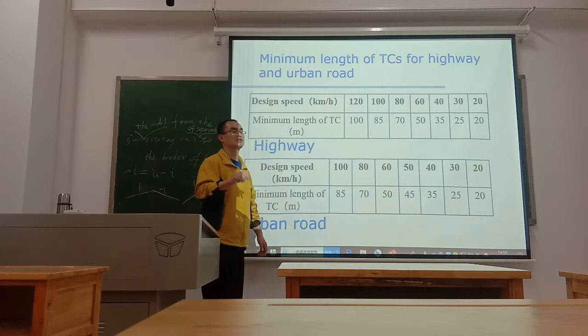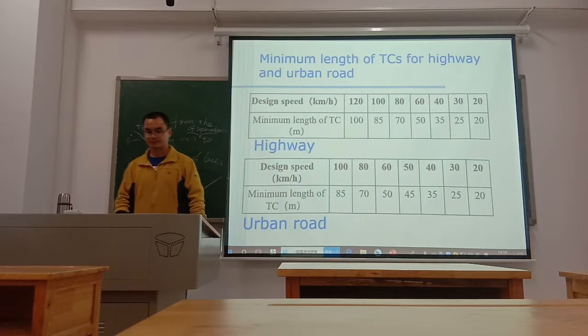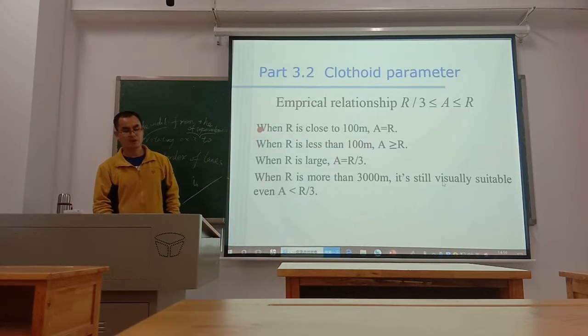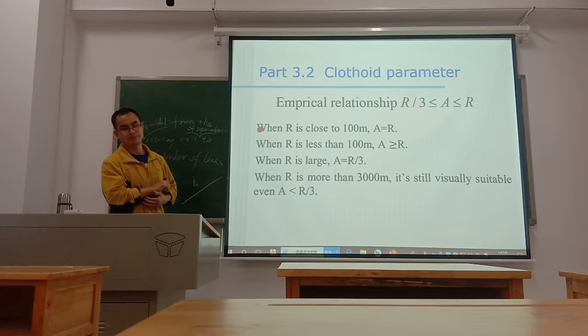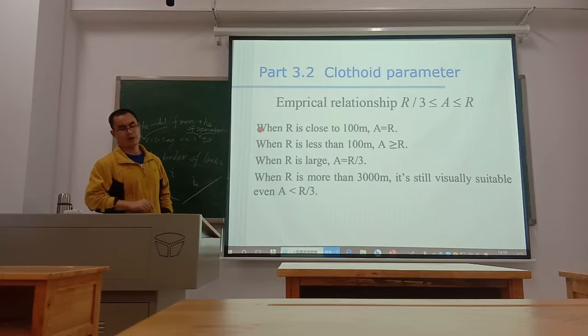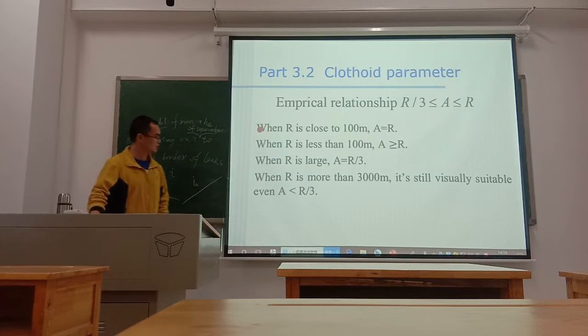What does the clothoid parameter permit?